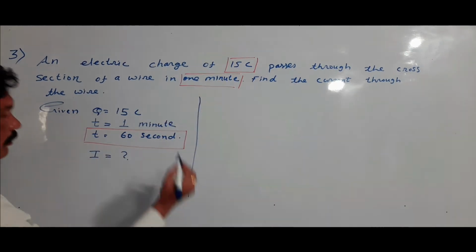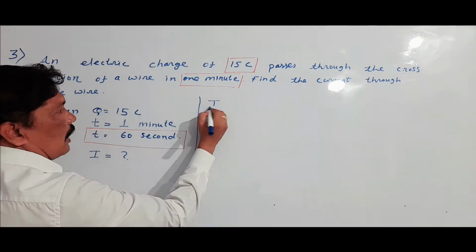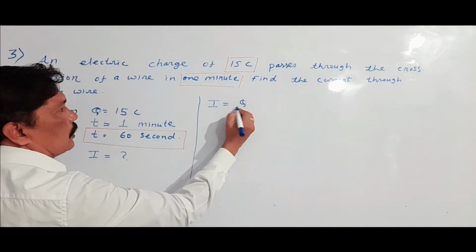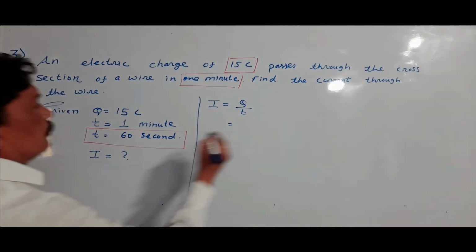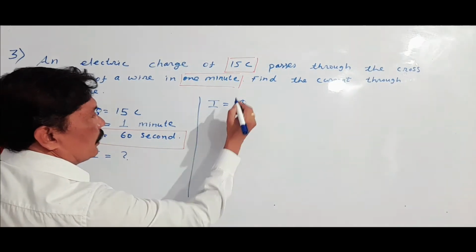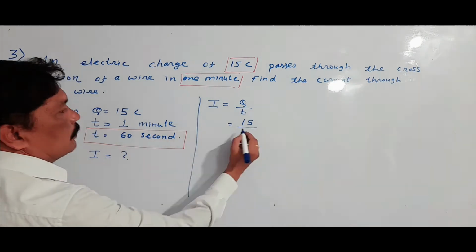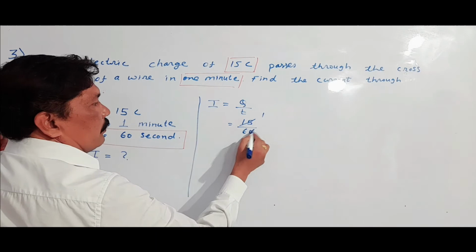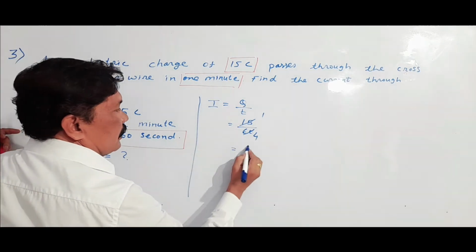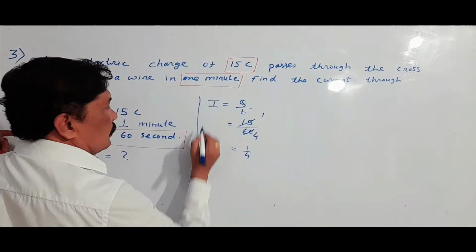My dear student, we know the formula. I is equal to Q upon T. We'll put the value 15 and time is 60. 15 ones are 15, 15 fours are 60. 1 by 4.